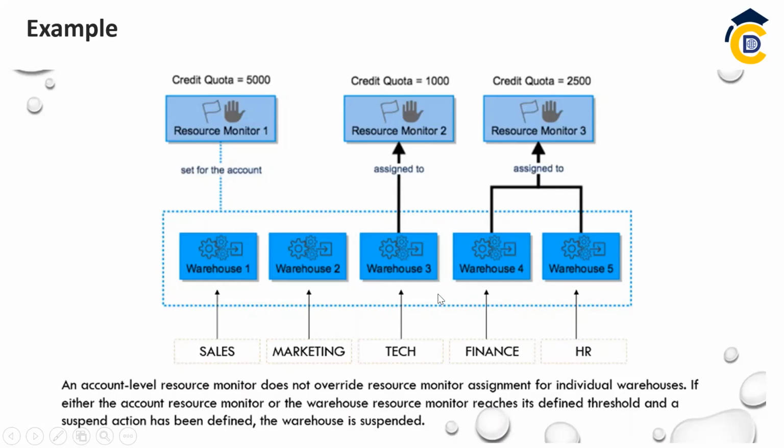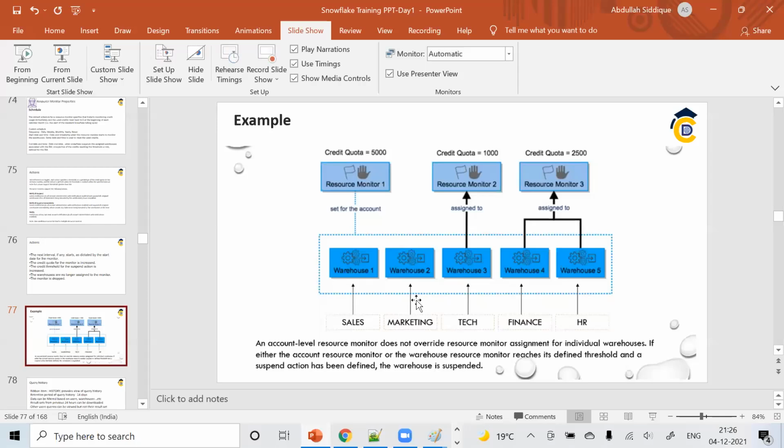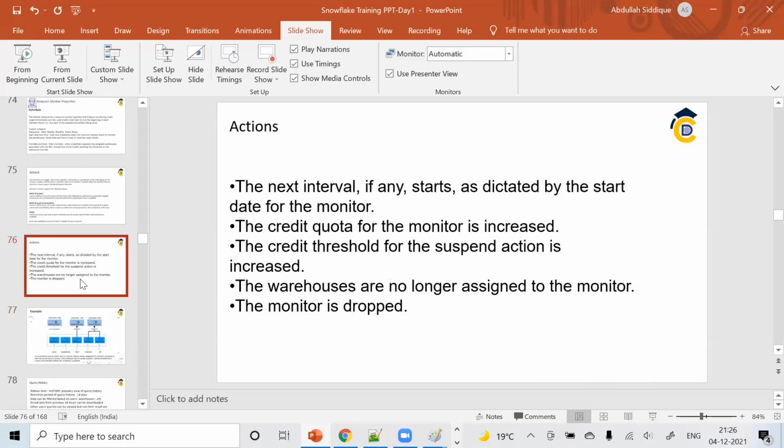Is there any way we can restart the warehouse without doing any of these 5 criteria you said? For example, is there any way that I can hard start the warehouse without meeting all these 5 criteria? No, I don't think so.